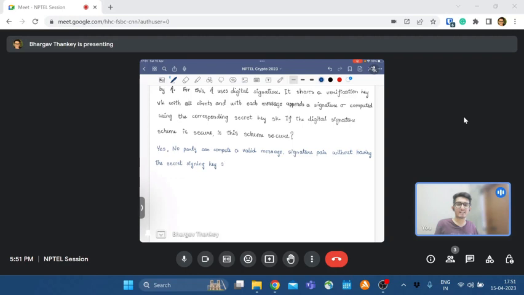This is exactly what it means to say that a digital signature scheme is secure. Just because you have the verification key and have looked at a few messages, you shouldn't be able to forge a message-signature pair without having the signing key SK.